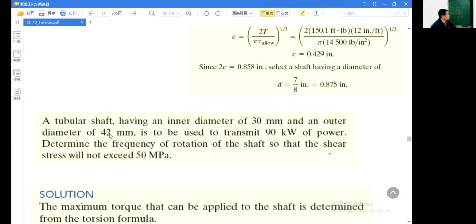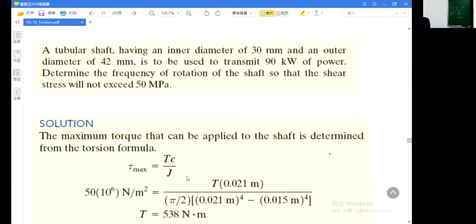Because the diameter is 42, the radius is 21. Yes, the radius is 21.